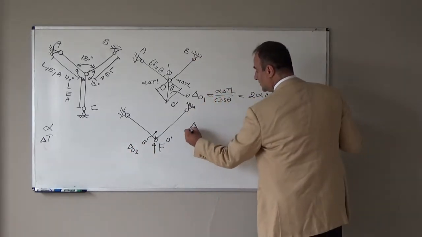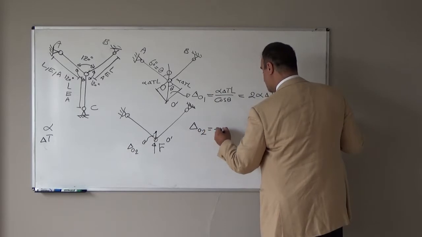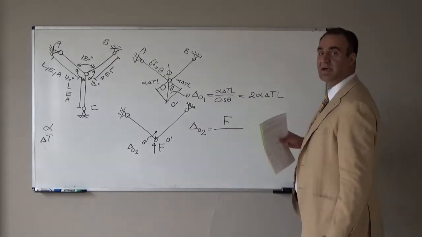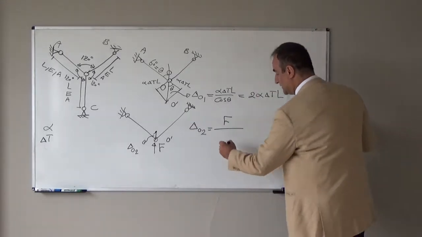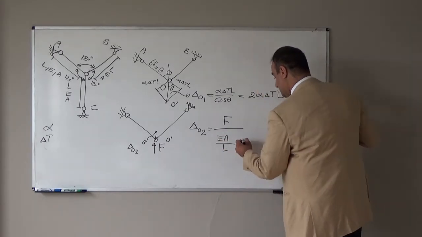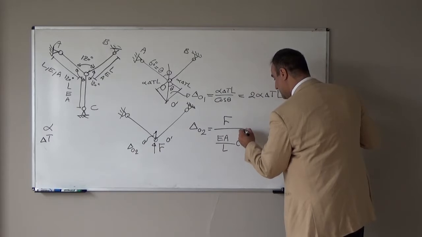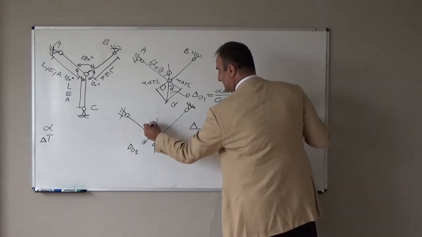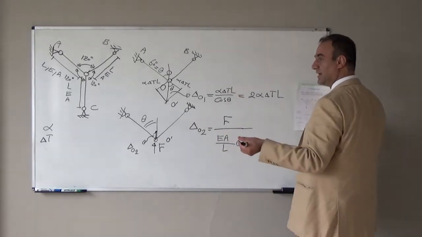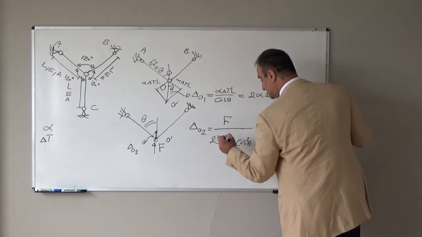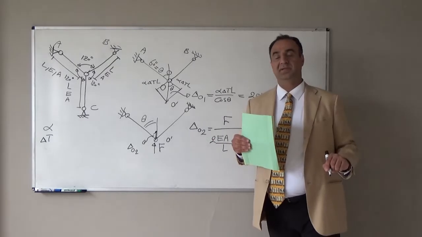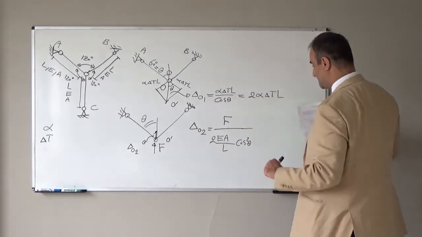Delta O2 will be equal to this force divided by stiffness of these two inclined members in vertical direction. The stiffness of each member will be EA over L cosine square theta, because this angle is theta. Because we have two of them and they move together, they are parallel, so 2 times of them. Cosine 60 again 1 over 2, cosine square will be 1 over 4.